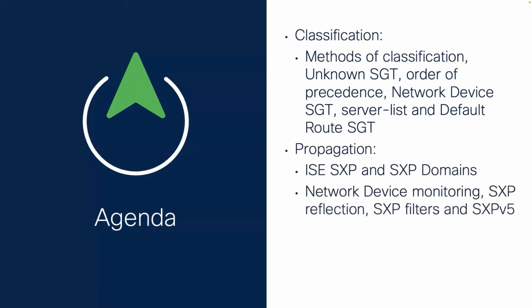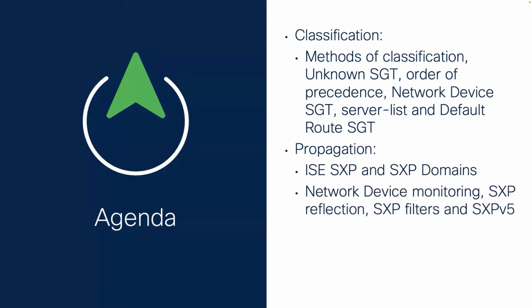In propagation, we're going to be covering how ISE sends mappings to the network using SSH and SXP. We're going to cover SXP Domains, and then move on to the network device itself. So how to monitor propagation, typically inline tagging on network devices.